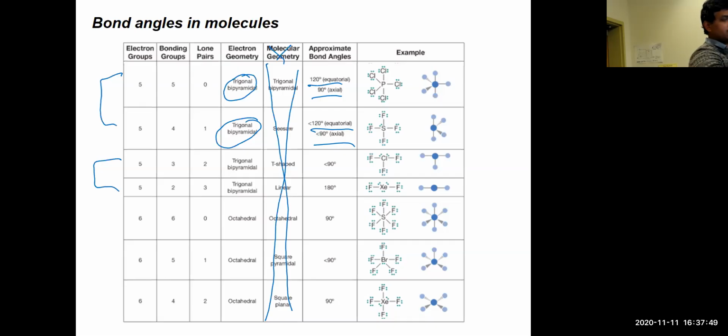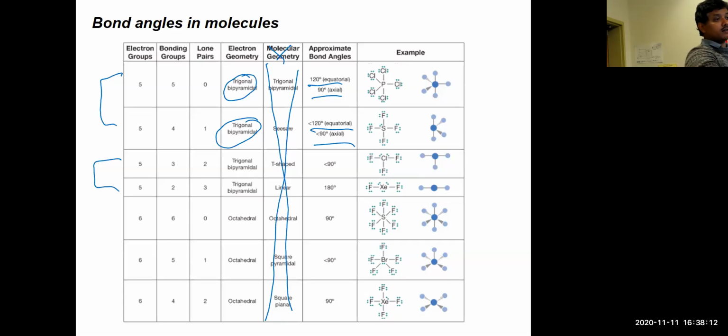Let me use the highlighter. So here to here, I'm comparing. One of these seesaw bonds is taken out. So this bond takes the shape in here to a T shape. In this case, it doesn't need to have them at 120 degrees. It cannot have them at 120 degrees because lone pairs do not allow it. So the maximum angle they can have is 90.